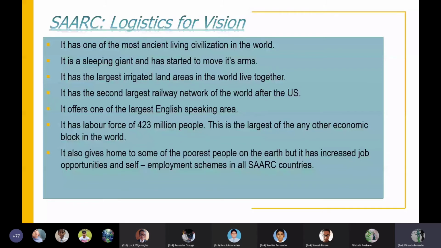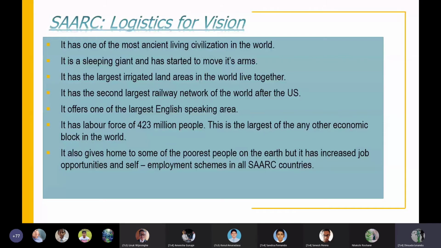It also is home to some of the poorest people on earth, but it has increased job opportunities and self-employment schemes in all SAARC countries. With a consumer base of over 423 million people, it also has the potential of contributing a great deal to the ever-evolving global economy.